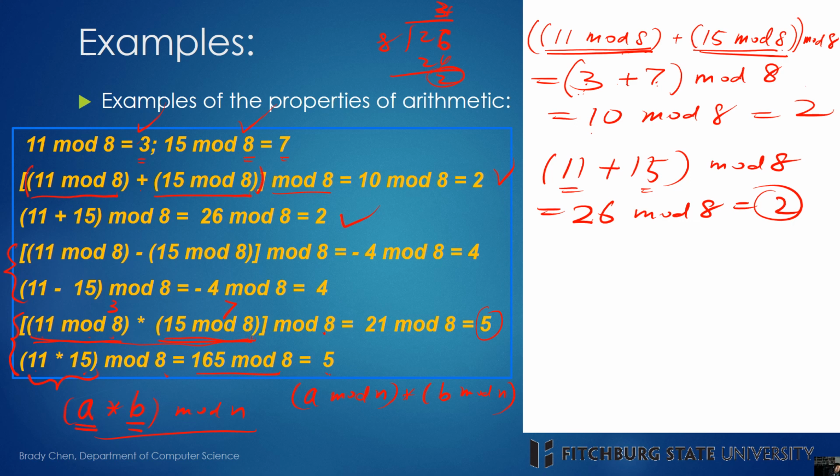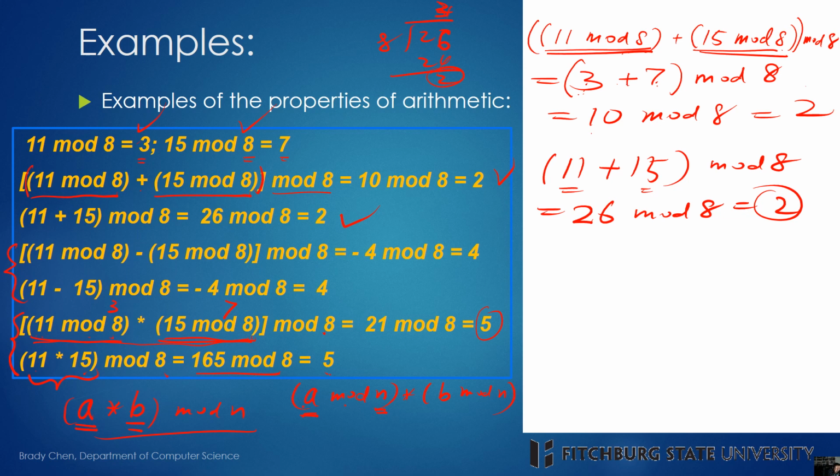Because if A is very big and n is relatively small, A mod n should be smaller than n, right? A mod n is the remainder when A is divided by n, and B mod n is the remainder when B is divided by n.